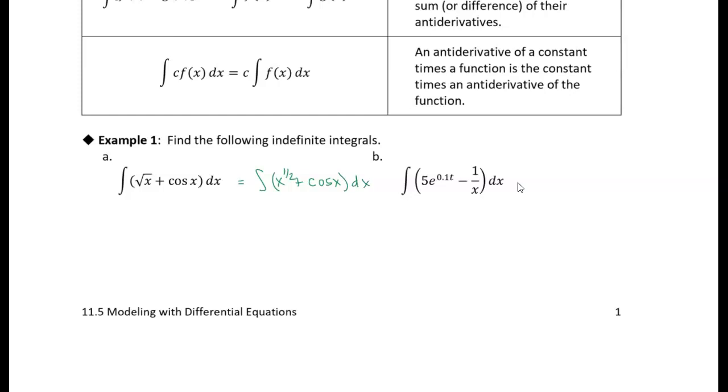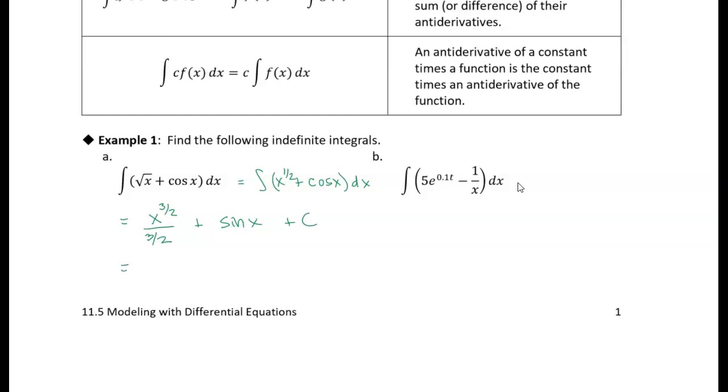Okay? And then I'm going to take x to the n plus 1, so 1/2 plus 1 is 3/2, over n plus 1, and n plus 1 again is just 3/2. And then the integral of cosine is the sine of x. And then I have to add plus c.